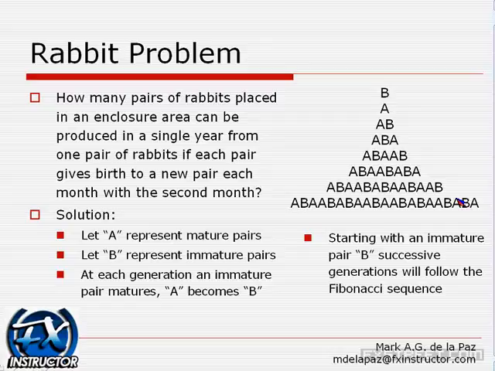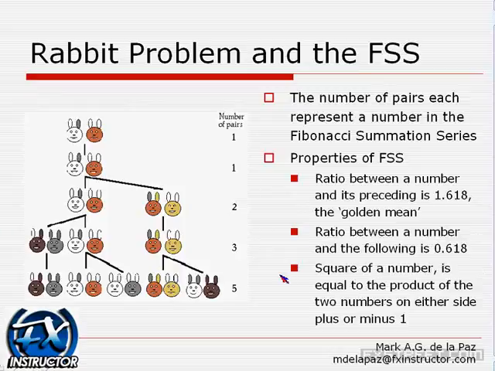We don't see any numbers. Basically, he noticed that in each generation, the number of pairs of rabbits available came up with a series of figures. So what is that series of figures? It basically starts with 1, your first pair.